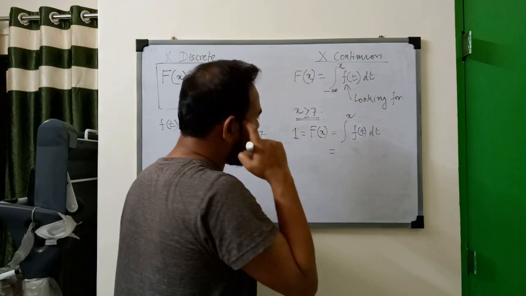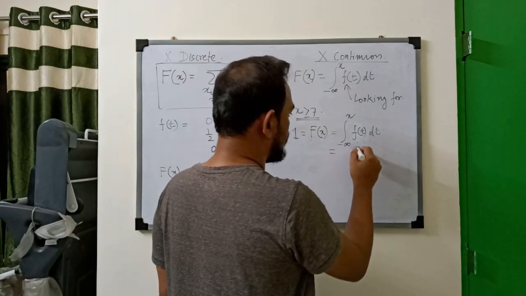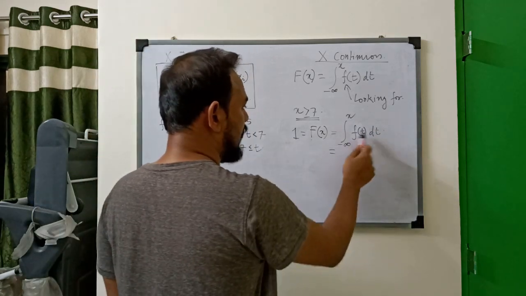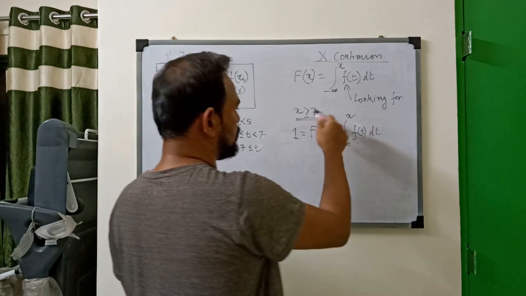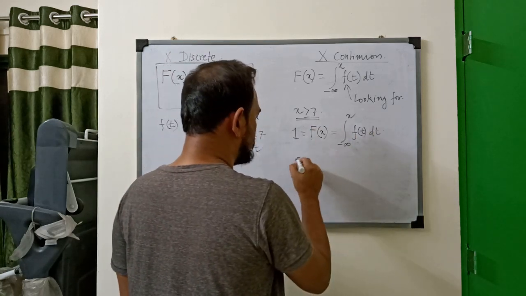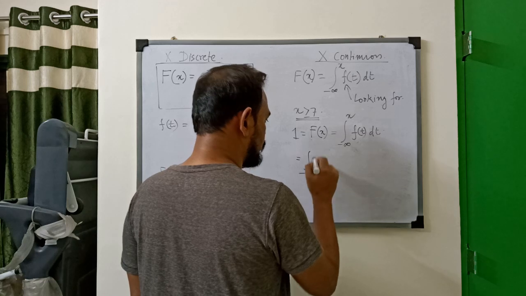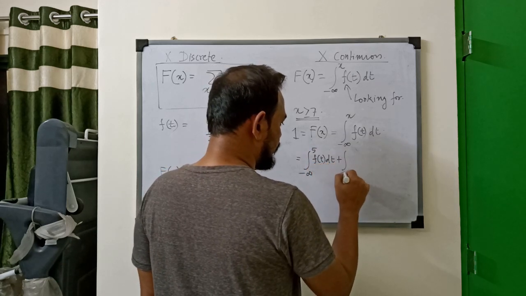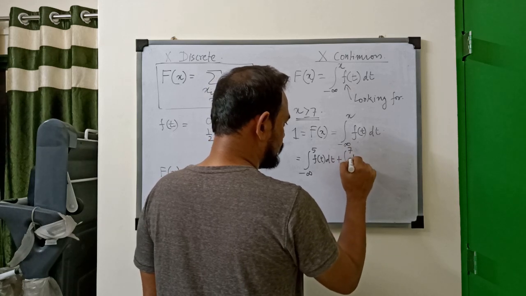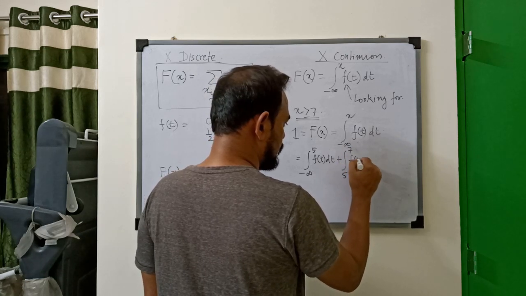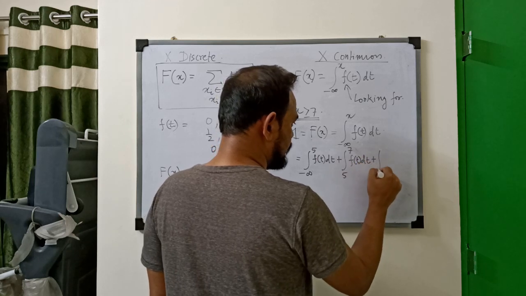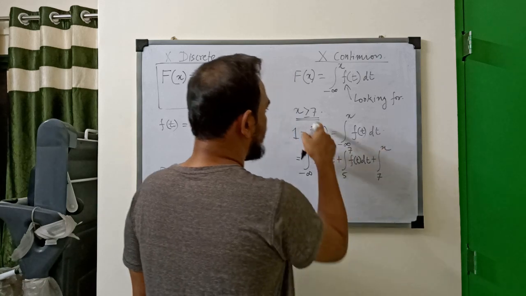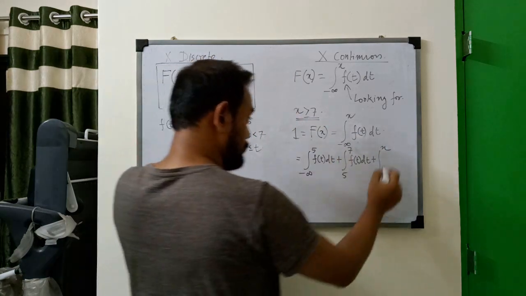So I have to look for a function. What would be the value of this f beyond 7? Again, by the same logic, I can break up this integral from up to 5, then from 5 to 7, and then from 7 to x, because x is more than or equal to 7.